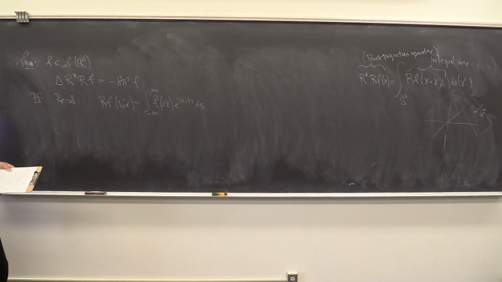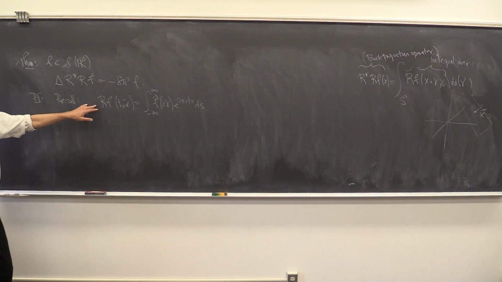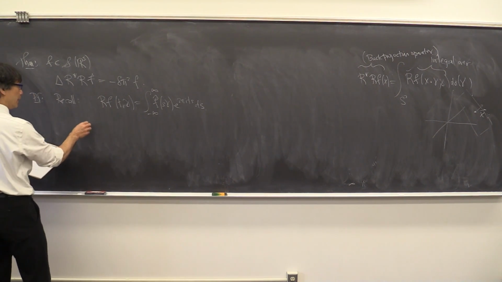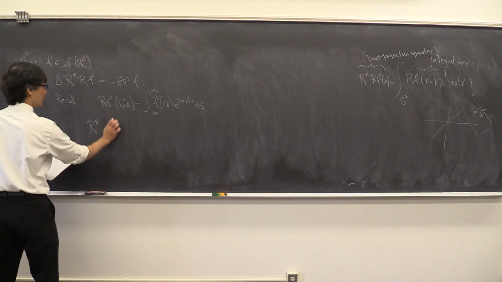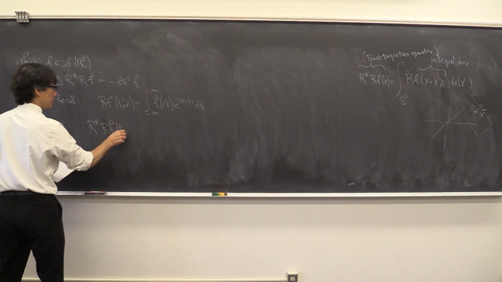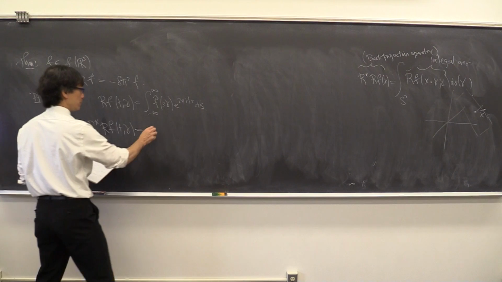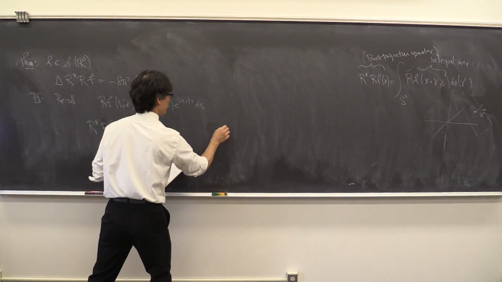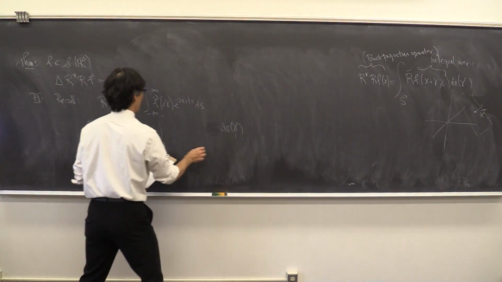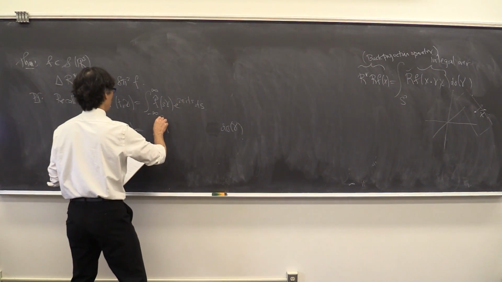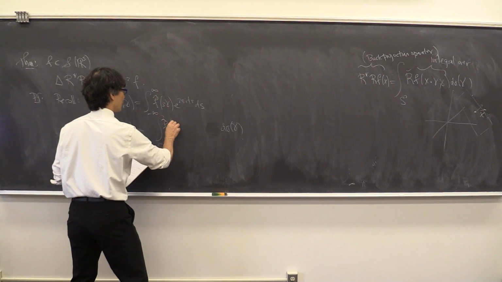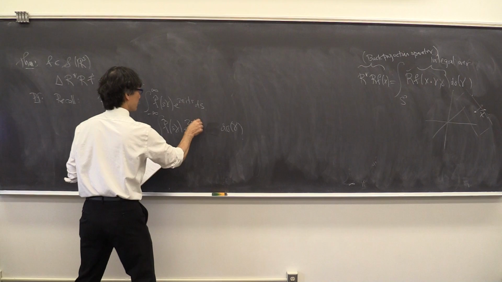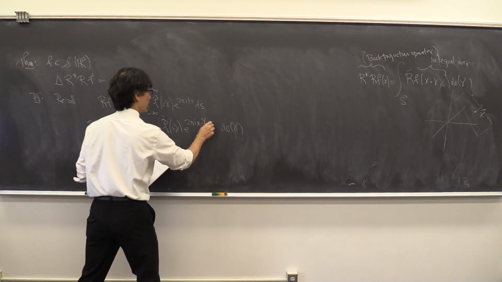Right. So now we'll use the dual Radon transform on that. R star of R f at x is the integral over all directions gamma of the function evaluated at x dot gamma.